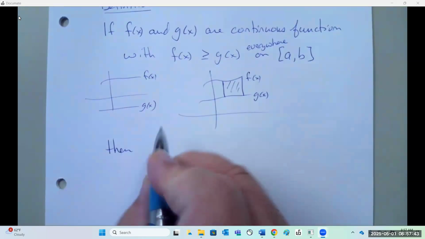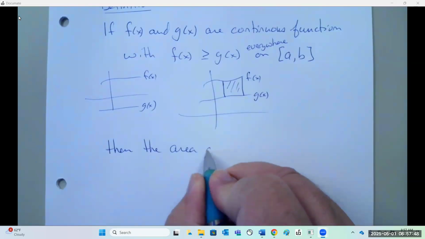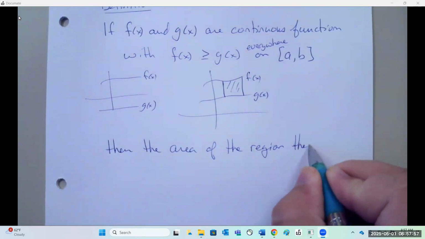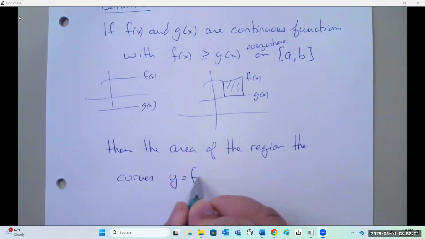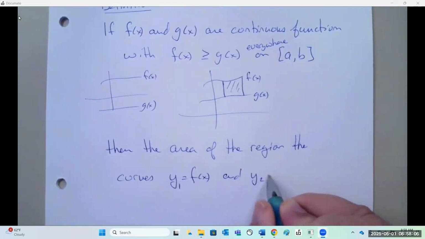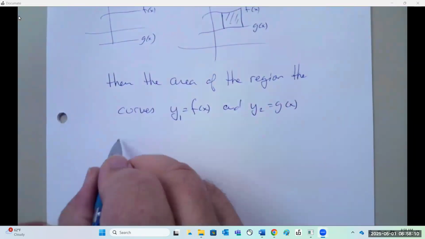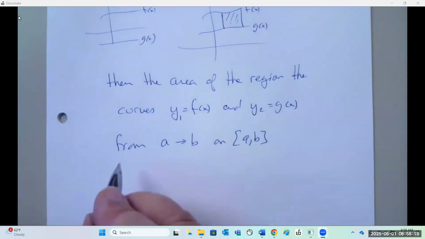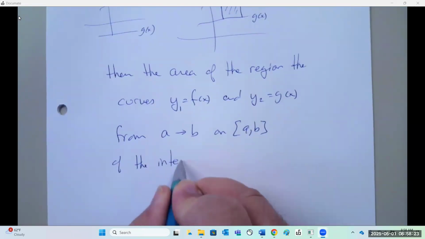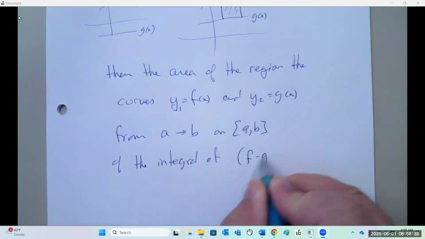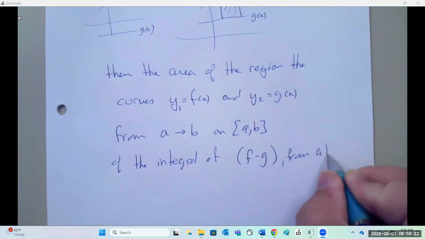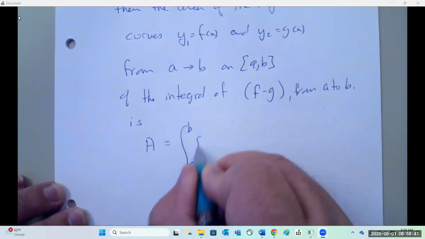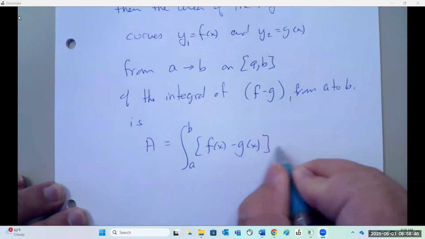So if that, then the area of the region between the curves y equals f of x and y equals g of x, from a to b on the closed interval a b, is written like this: the integral from a to b of f of x minus g of x dx.